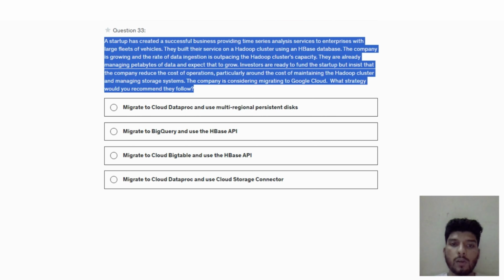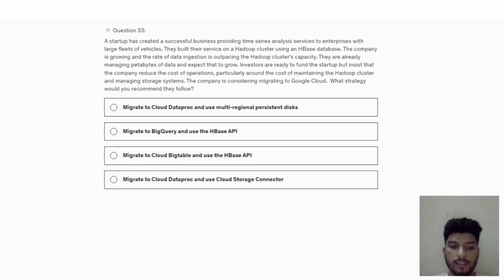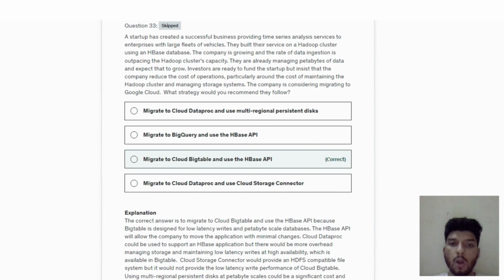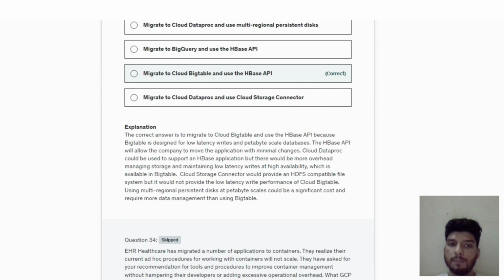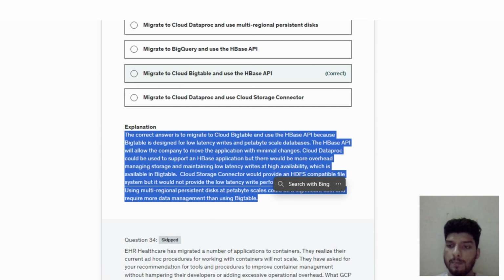And the last option is migrate to Google Cloud Dataproc and use a Cloud Storage container. The right answer of question number 33 is option C, migrate to Bigtable and use the HBase API. And for the explanation, you can pause the video to get a better understanding of the correct answer, answer 3.